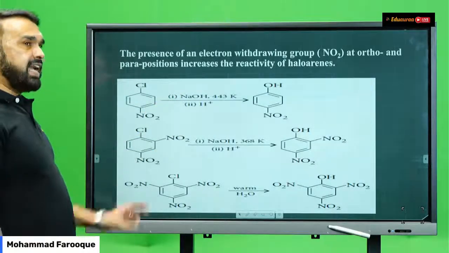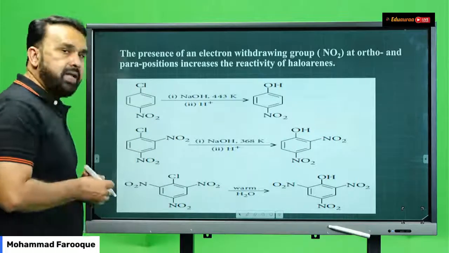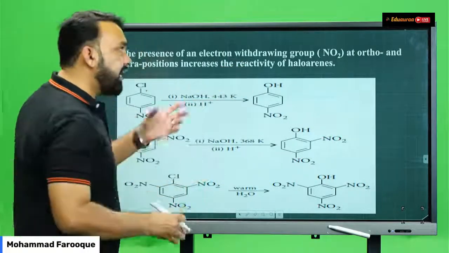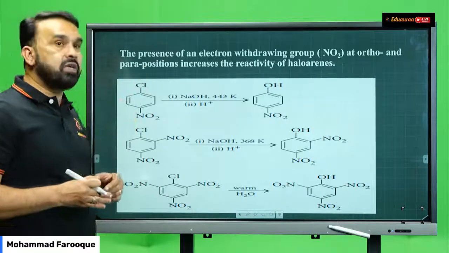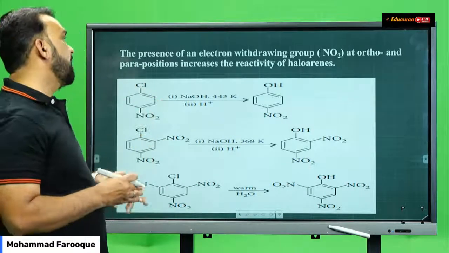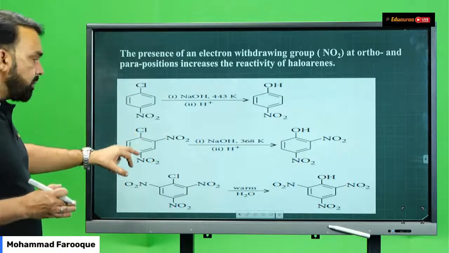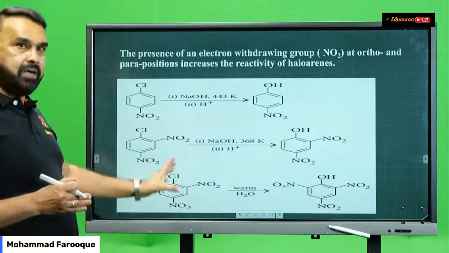There's an additional point to be remembered: if there is an electron withdrawing nitro group on the chlorobenzene ring, the substitution will mostly occur at the ortho or para position. So nitrochlorobenzene, dinitrochlorobenzene, and trinitrochlorobenzene all react under the same conditions.